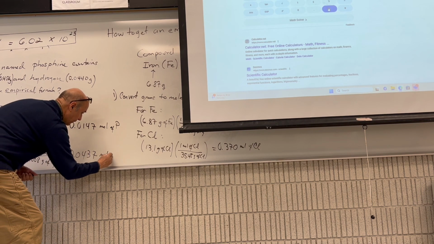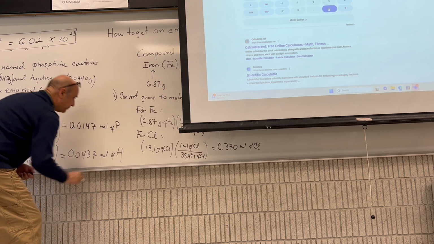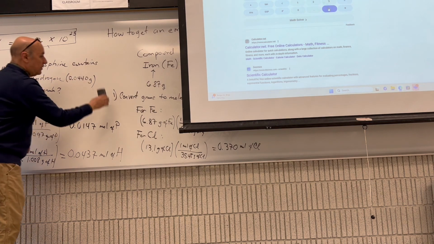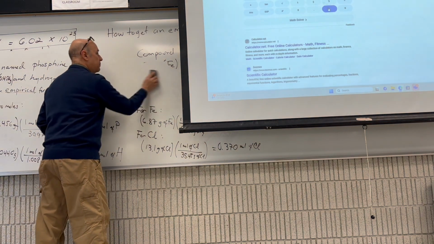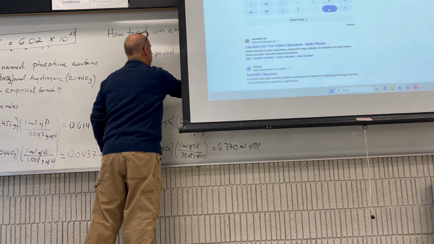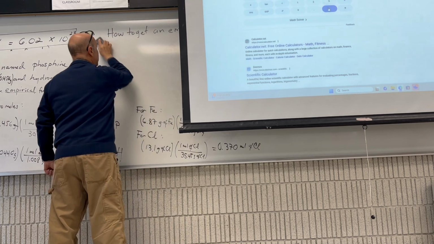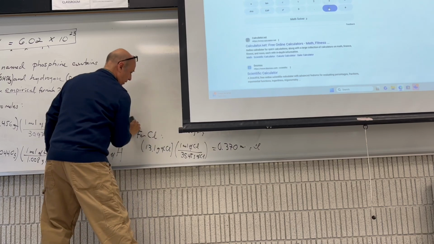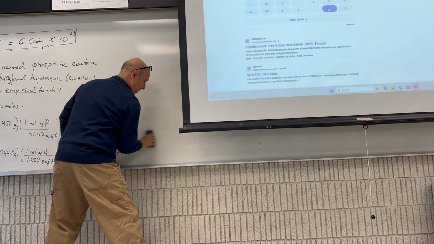Mole of phosphorus, of hydrogen. Now that was the first step, convert it to moles. I didn't label it correctly on the first example, but the second step is to write the formula. I'm going to write it with the mole proportions that I'm getting here.